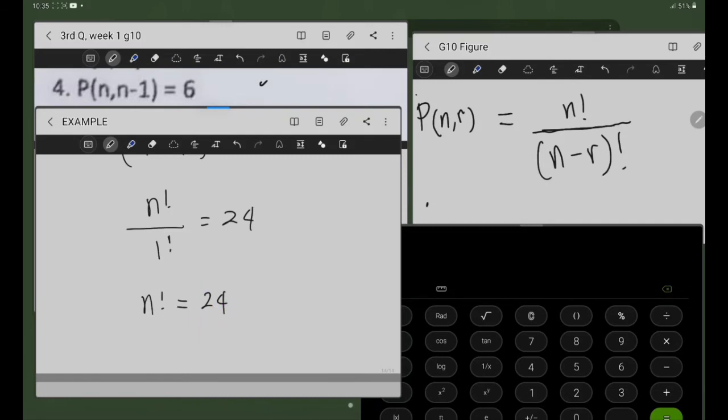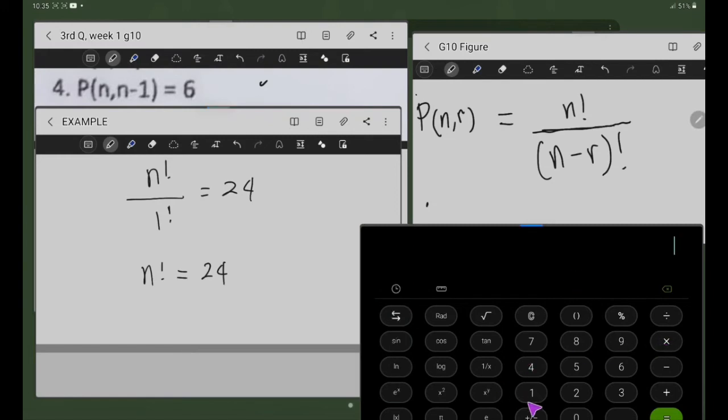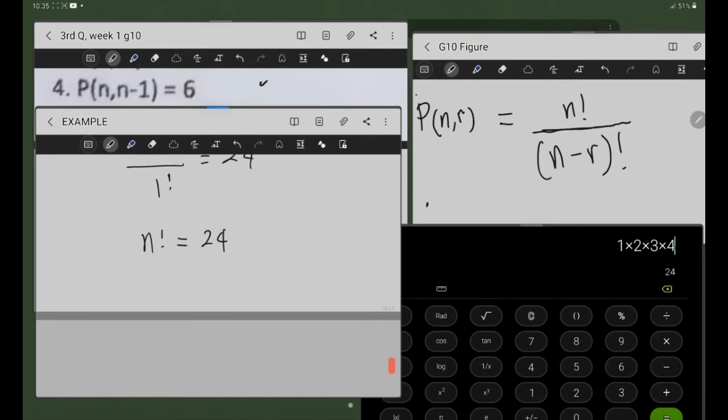Ganun. So ito, hanapin natin yung number na i-multiply natin maging 24. So mag-start tayo sa 1. So 1 times 2 times 3 times 4. So ito 24. So n factorial is equal to 24.